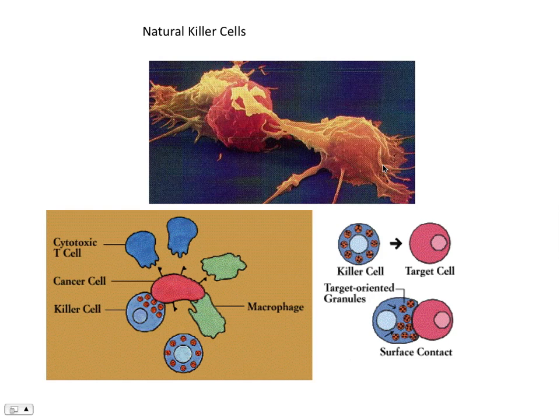Natural killer cells are finally the last type of lymphocyte that may be of importance in dentistry, and they kill by surface contact, like here, and have been linked to clearing of malignant cells especially.